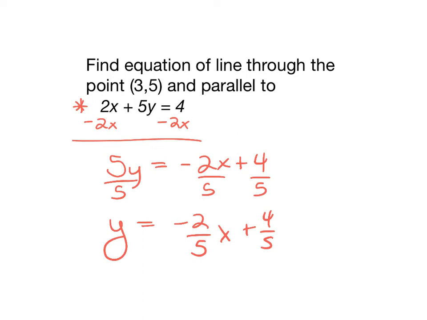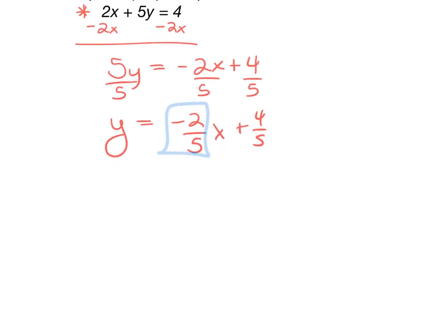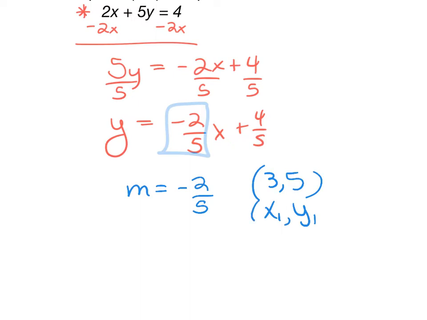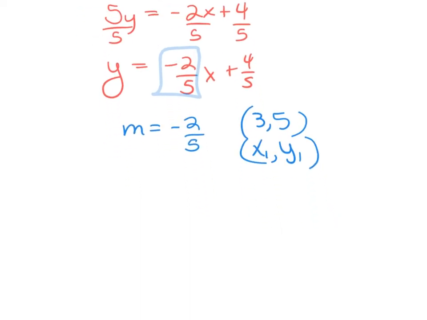The only thing that I need to take out of this equation is the slope, because I want it to be parallel to this. So the slope that I'm using is -2/5. The ordered pair that I'm using is the 3, 5. This will be my x1, y1. I'm going to plug it in to point slope.